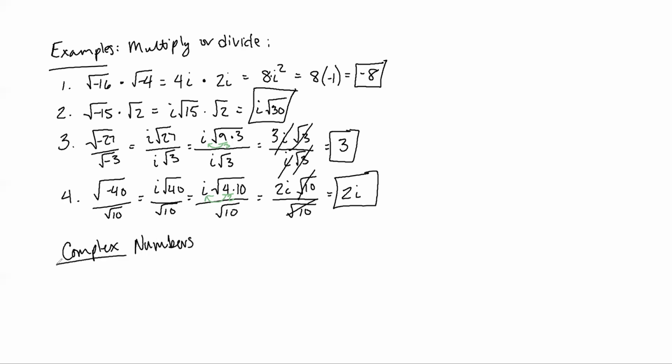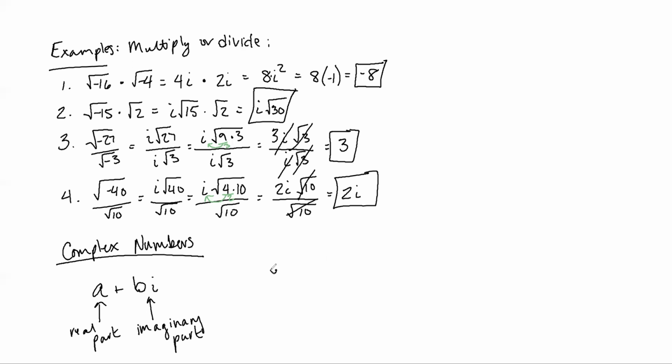So complex numbers are of the form a plus bi. So this in the front that doesn't have the i is the real part of the number, and bi is the imaginary part. So in your complex numbers, you're going to have a real part and an imaginary part.